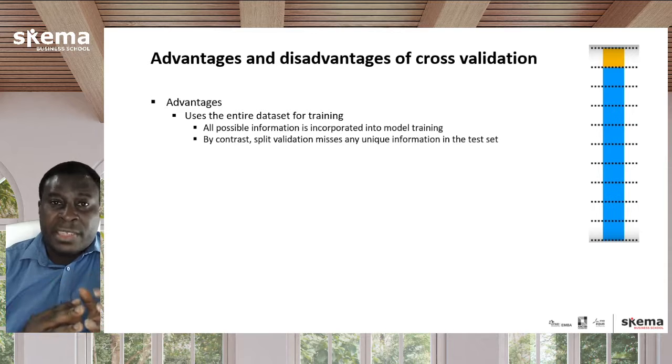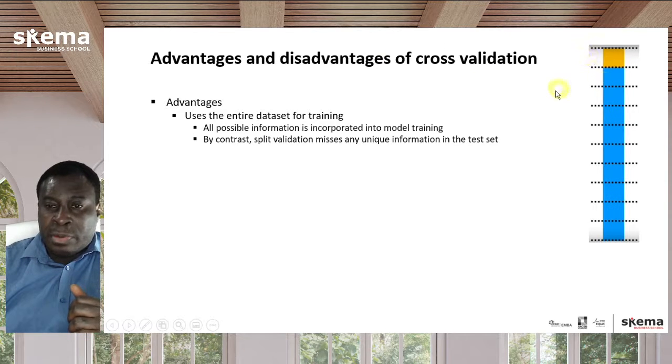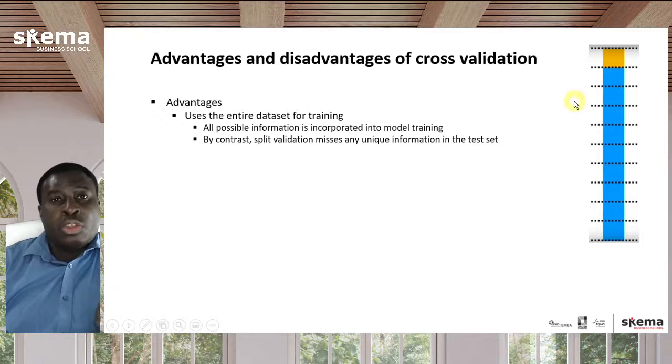However, cross-validation, by letting every single partition take its turn, eventually across the various training rounds, every bit of data in the data set is used for training. So all the information that is available is incorporated in the training.